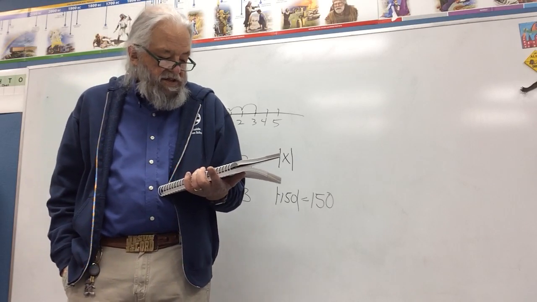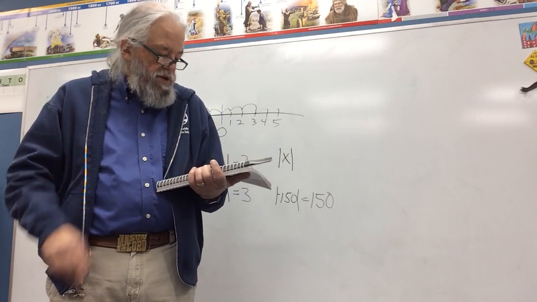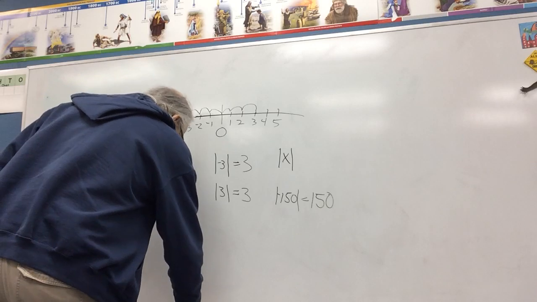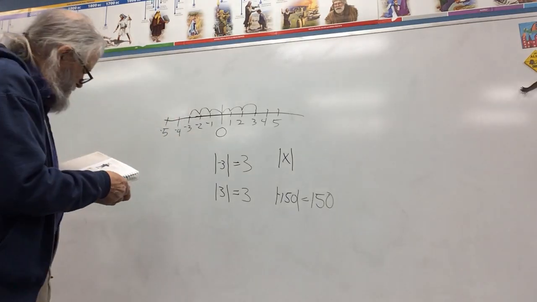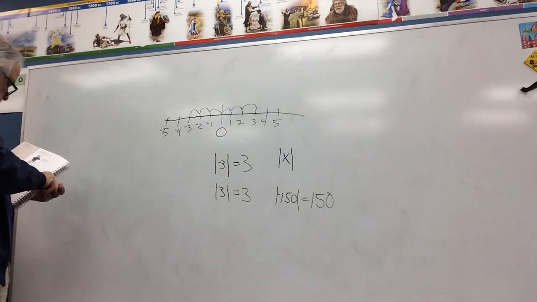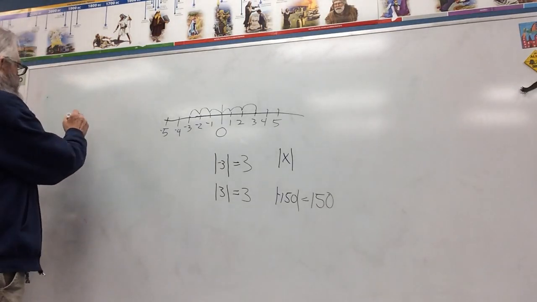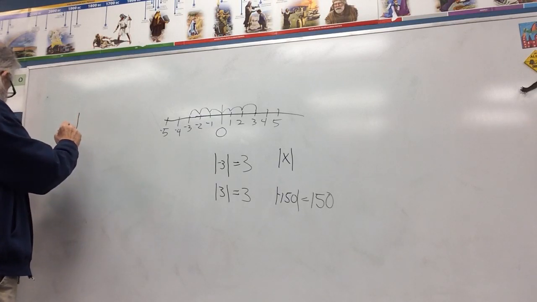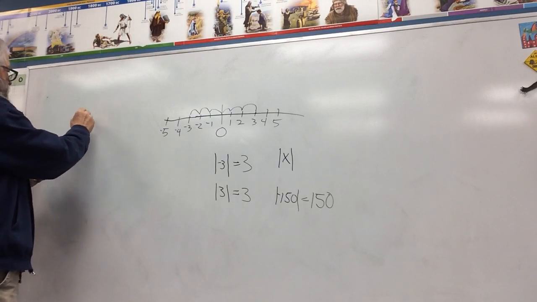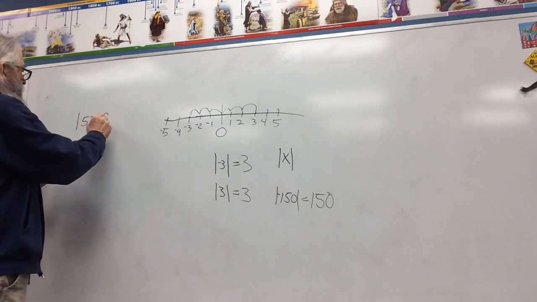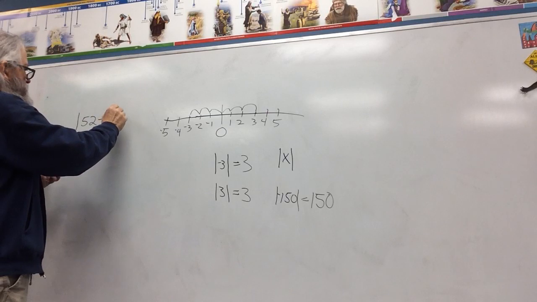Now, let's use example 2 as an example here. So notice, and you have to be careful with this, because notice it has the absolute value sign here, and inside it I have 52 minus 8 times 5.